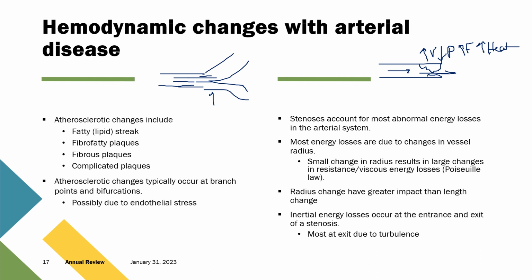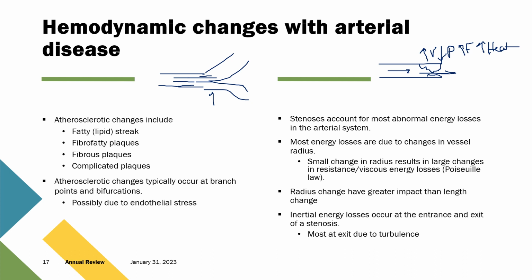Radius changes have a greater impact on flow than anything else. This really goes back to Poiseuille's law. You notice that the upper half of the equation was pi times pressure 1 minus pressure 2 times radius raised to the fourth.